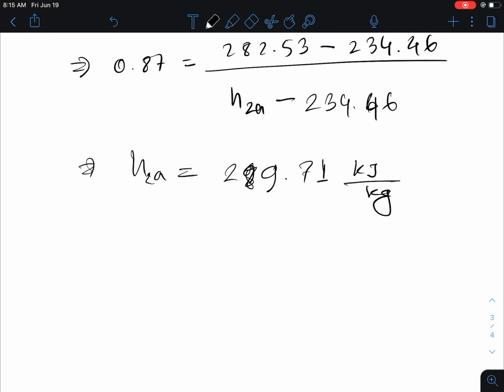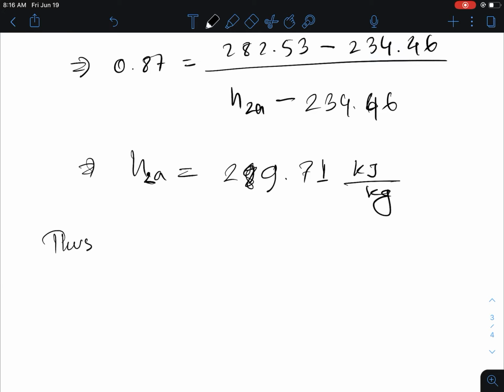So we know the actual enthalpy at exit, right? Using this enthalpy, let's go ahead and calculate the temperature. If we know the enthalpy and the pressure, we get the actual temperature.